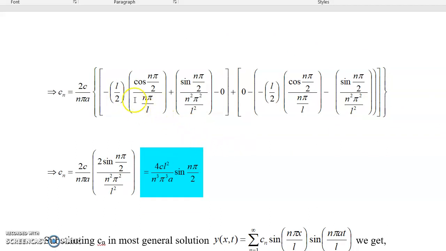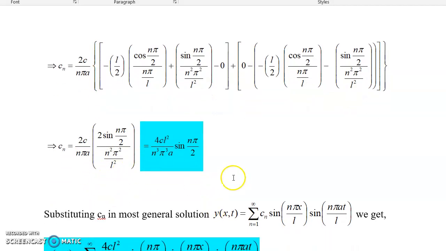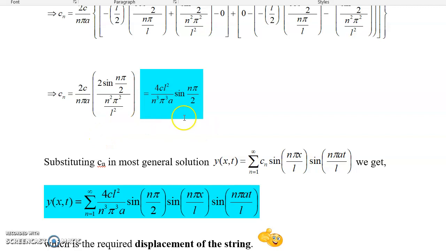And if you observe this term, minus L by 2 cos n pi by 2 by n pi by L, here you have minus minus plus. So these two terms will be cancelled, and this term will be positive on both sides, so it will be plus plus. So you will have the sin n pi by 2 term 2 times. So 2c by n pi a into 2 times of that. So this is the final answer of Cn.